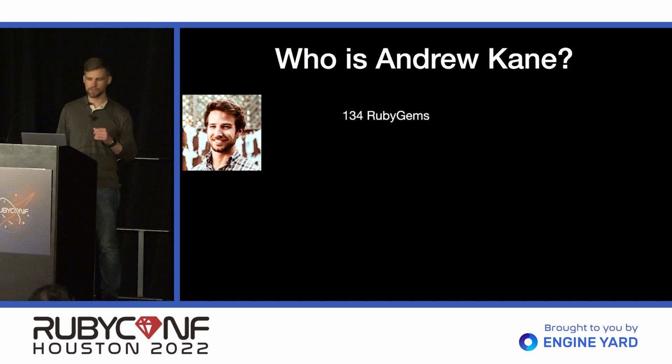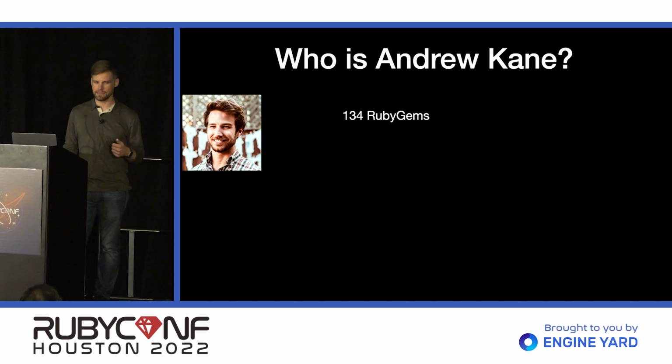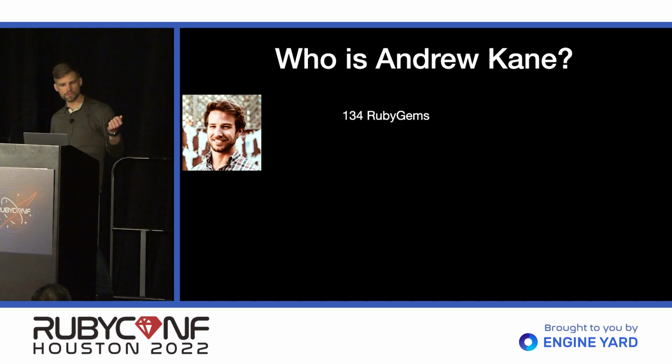He has 134 gems. And there are other people in the community, like Aaron Patterson, who has 190-something that he's contributed to. I know Rafael Franca is right up there with him. I think Samuel Williams, ioquatix, has something similar with millions of downloads.